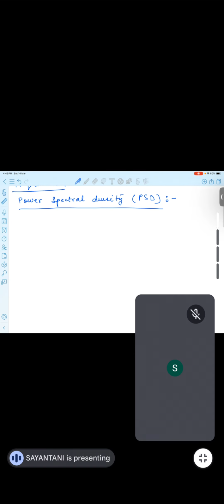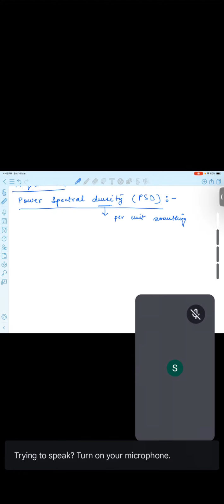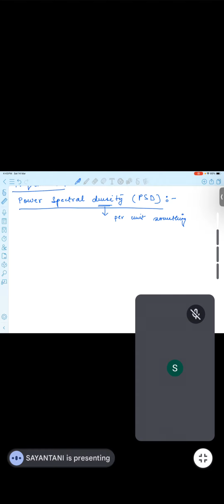Now there are three terms over here: power, spectral, density, right? So density, all of you know the meaning of density. That means it says like per unit something. Like in physics you have studied that density means mass per unit volume, right? So it's per unit something. From the word spectral, now you can understand spectral has something to do with frequency.